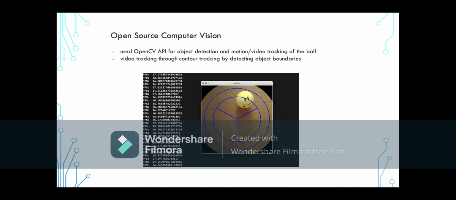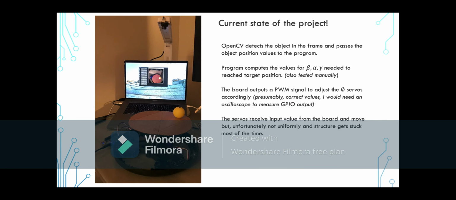So OpenCV, we use the OpenCV API to detect and track the ball movement. Everything worked okay with the tracking part. So, current status of the project. The OpenCV detects the object in the frame and passes the object position value to the program.